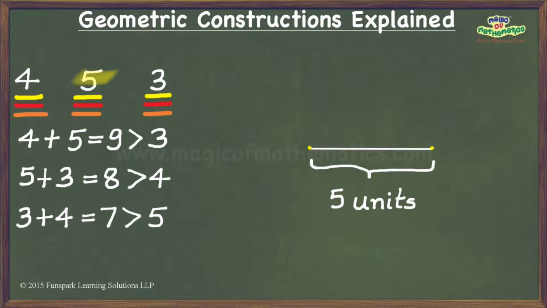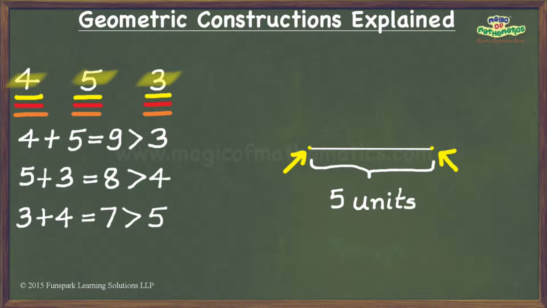We know that the remaining two sides of our triangle measure 4 units and 3 units and they have to be constructed starting from these two vertices. But the question is, how do we do that?